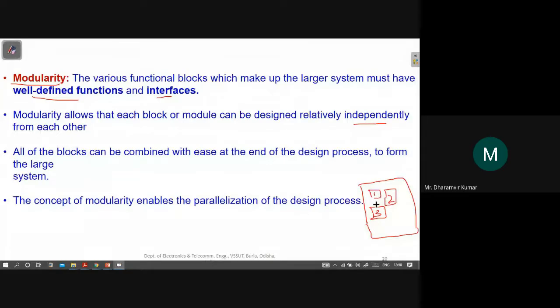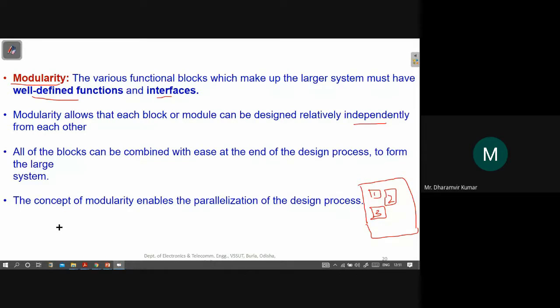The designing of modules 1, 2, and 3 can be done by different teams at the same time. That will help in saving design time as a whole, and they can be put on the chip after designing. So it helps in saving the overall design time taken in designing the whole chip. All of these blocks can be combined with ease at the end of the design process to form the large system.